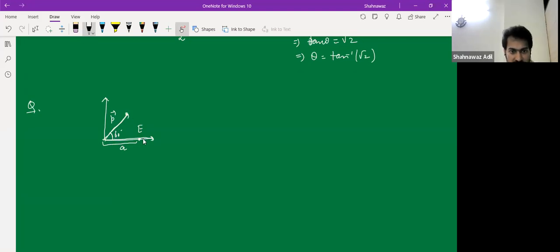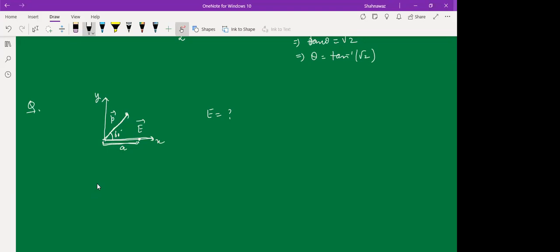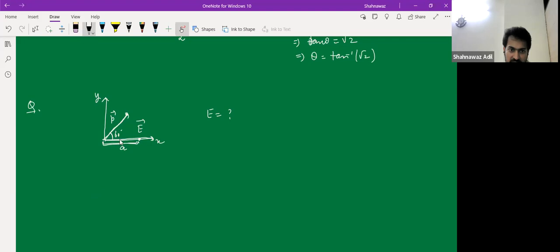Did you understand the question? Yes, sir. We have to find the electric field at the x-axis, at a distance A from the origin.